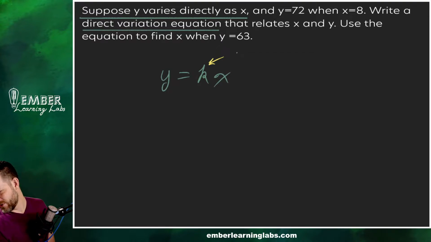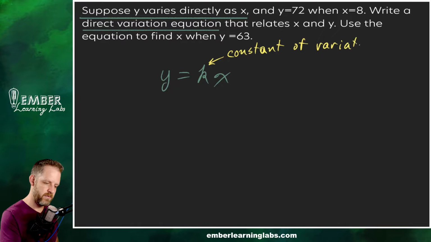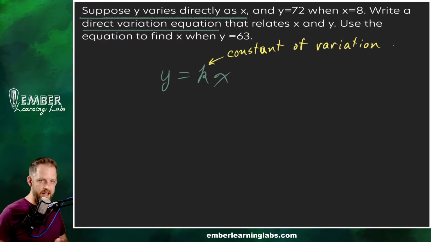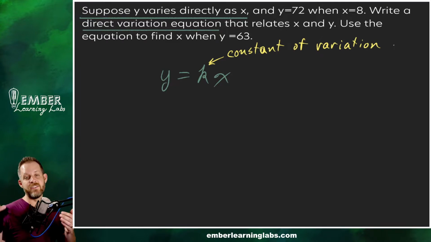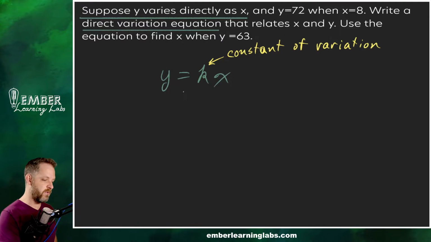Yeah, constant of variation. So the k stands for the constant of variation. Every time we see one thing varies directly as another, this is the equation we're going to set up. So y varies directly as x. Okay, so that's pretty easy.